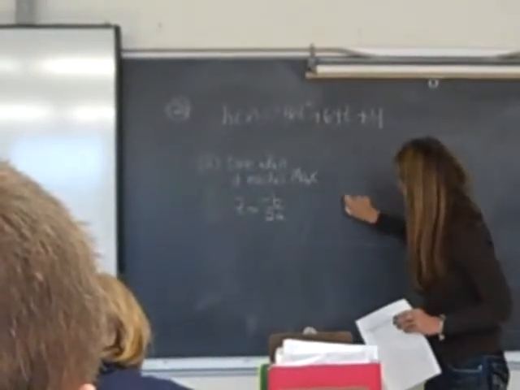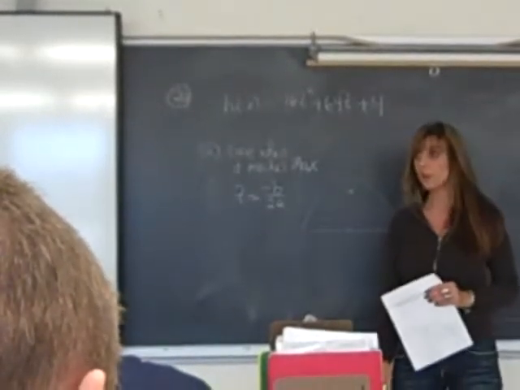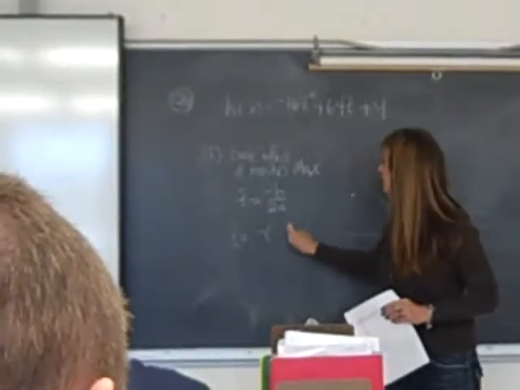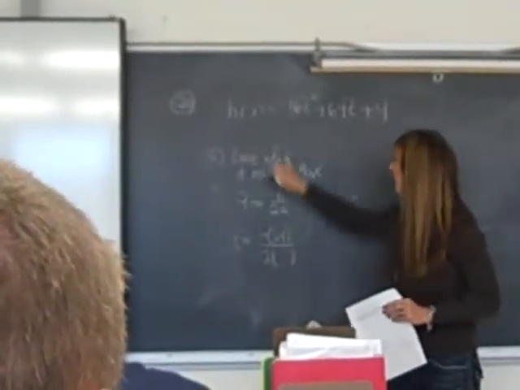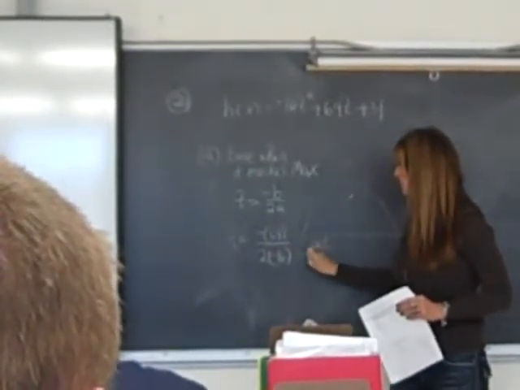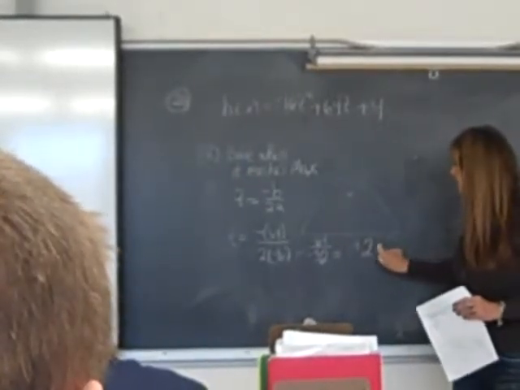The axis of symmetry. That's when it hits its max. You get negative B over 2A. T equals the negative of the B, which is 64, over 2 times the A, which is negative 16. That's negative 64 over negative 32, which is 2 seconds.